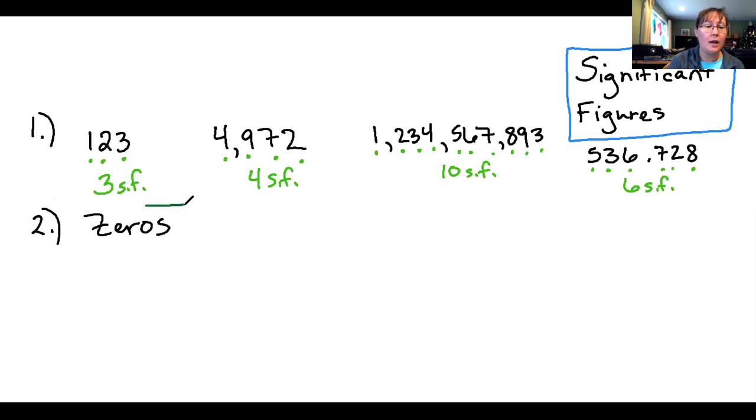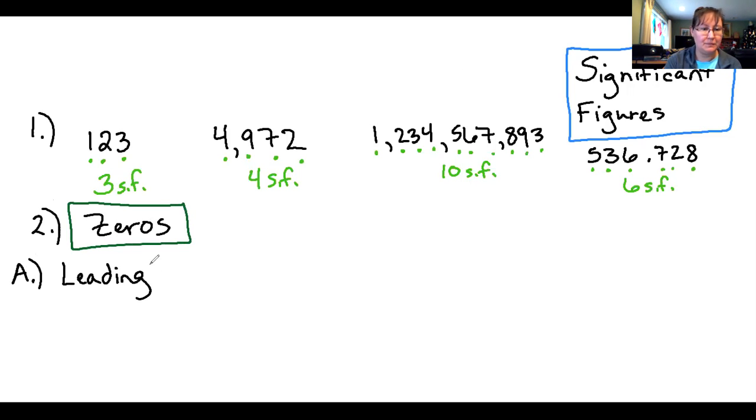Why are zeros hard? Because we have 3 different rules for them. Okay, case A are leading zeros. And leading zeros are zeros out front. Let's say that we have 0.00253 or 0.000000721.